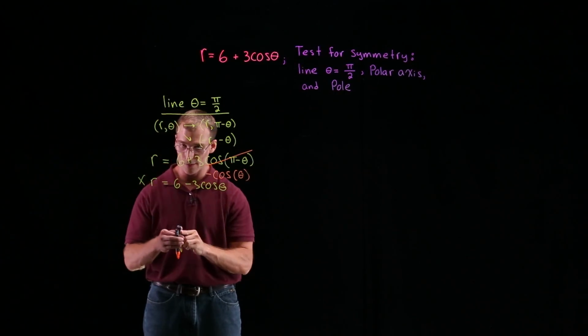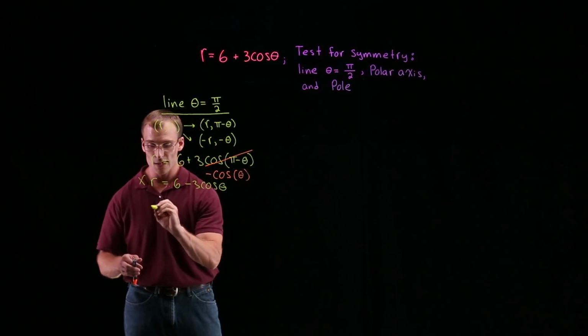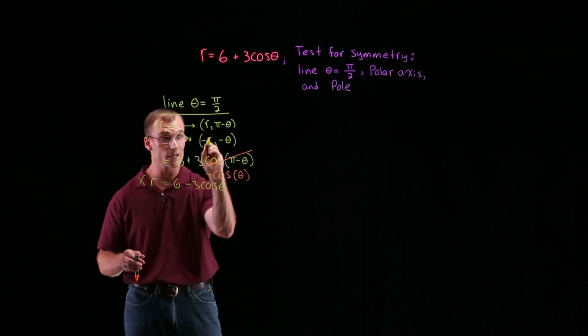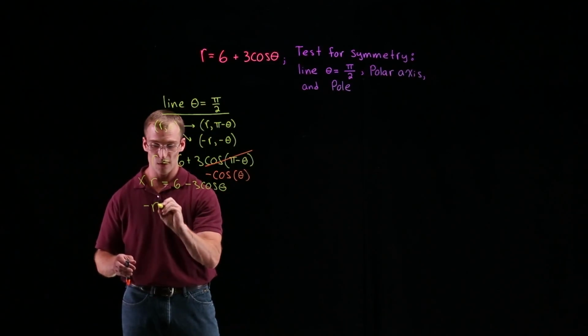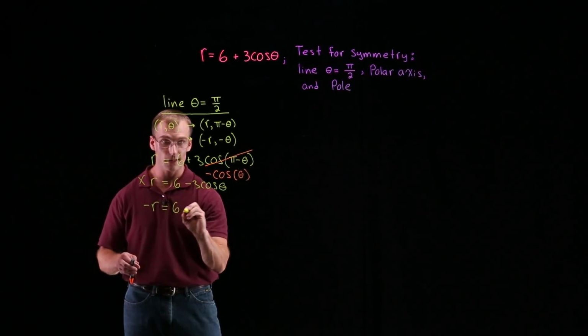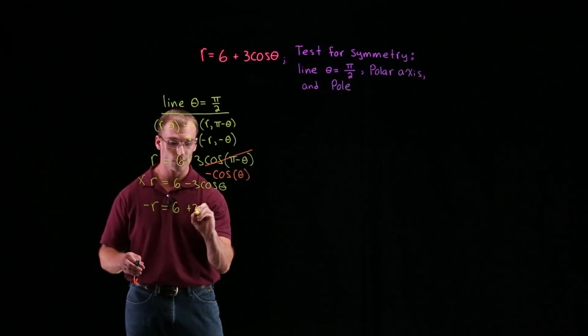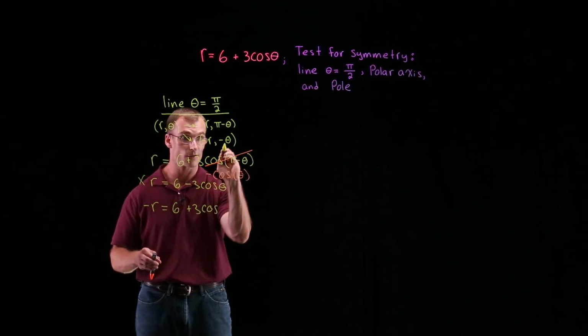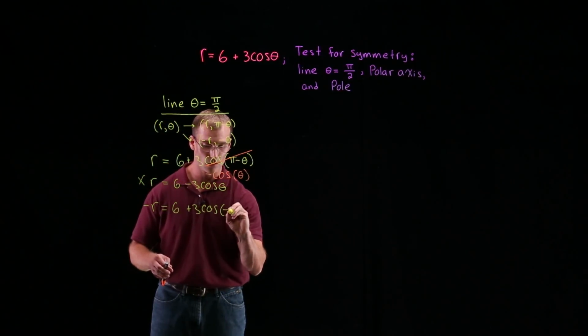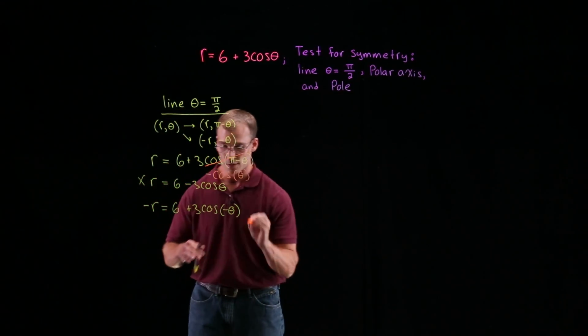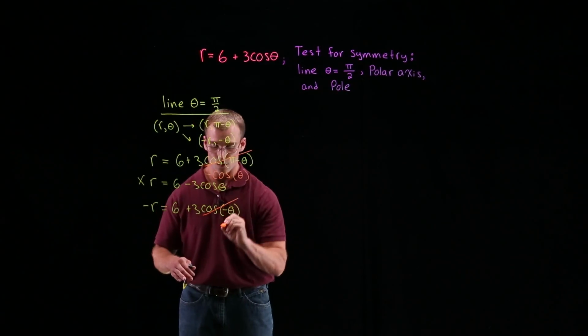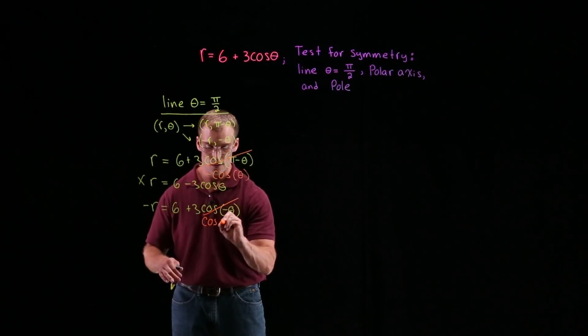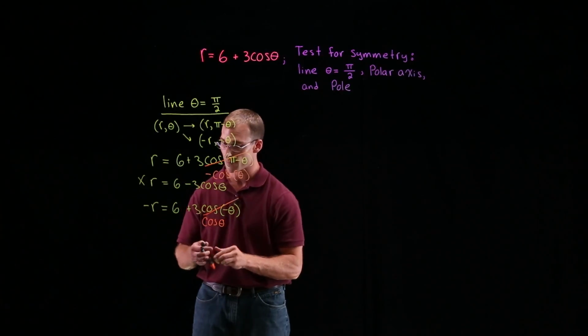Now we can try the other point. Taking negative r for r, we have negative r equals 6 plus 3 times cosine of negative theta. As we said, cosine is even, so cosine of negative theta is equal to cosine of theta.